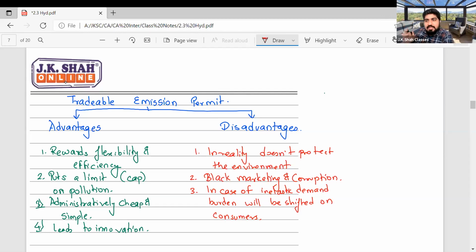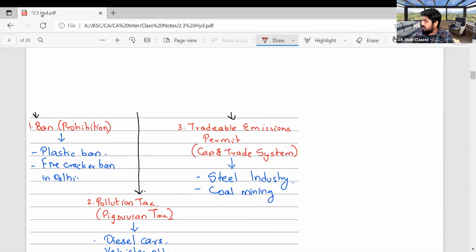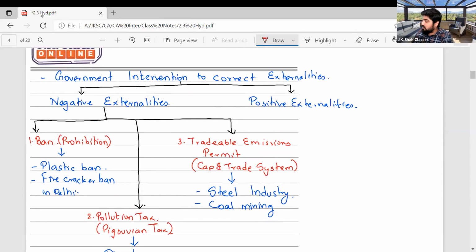Okay. The last part is nothing but positive externalities. Now, friends, tell me what will happen in case of positive externalities? What will the government do in case of positive externality? It will give more subsidies, it will promote, it will help the companies, yes or no?